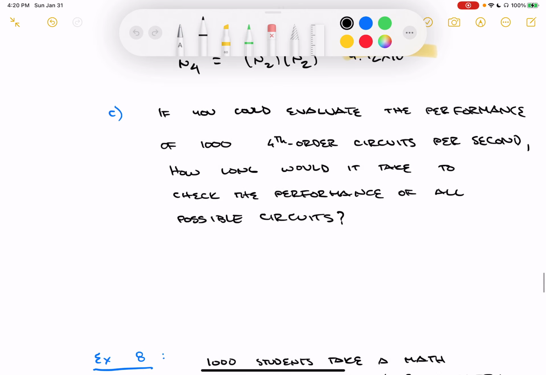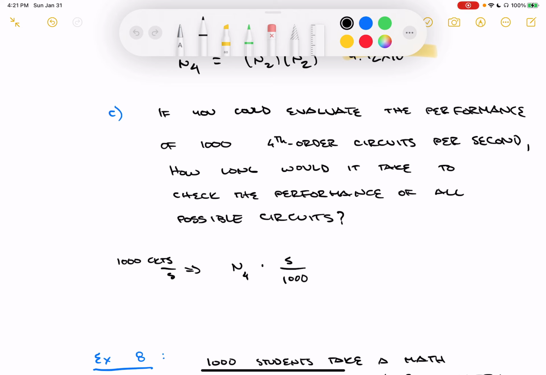Well, if I have 1,000 circuits per second, I can just do a little dimensional analysis here. That is my rate. I'm going to take my number of circuits associated with that fourth order section, and say in 1 second I can evaluate 1,000 of those.